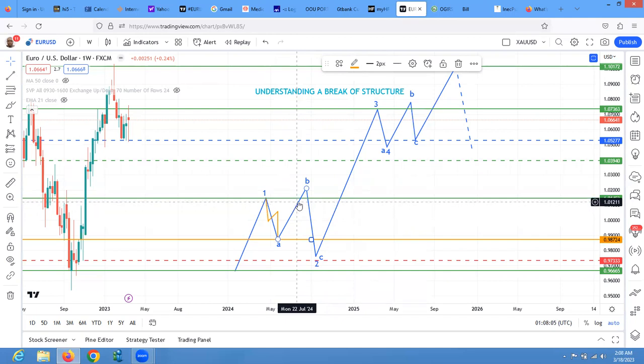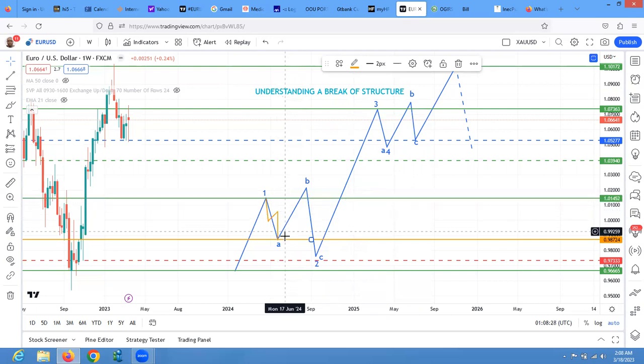To 90 is still the structure of B, in case it's going to be a regular flat. And at 123, it is still the structure of B, in case it's going to be either a running flat or an extended flat. At what point do you think the structure of B will be broken?